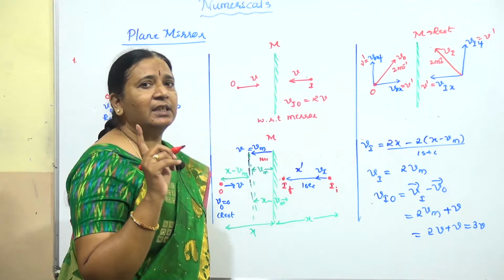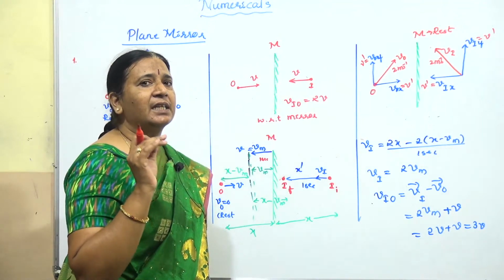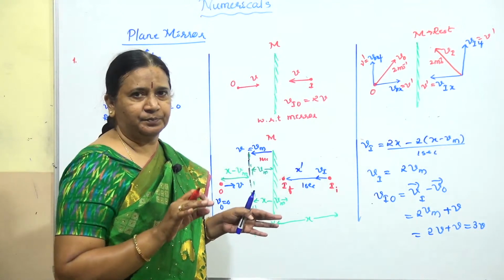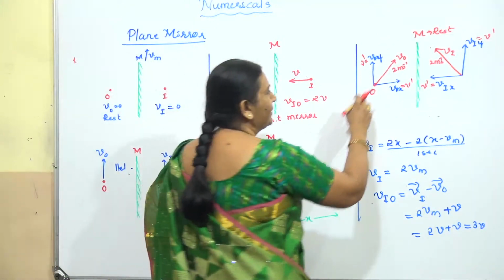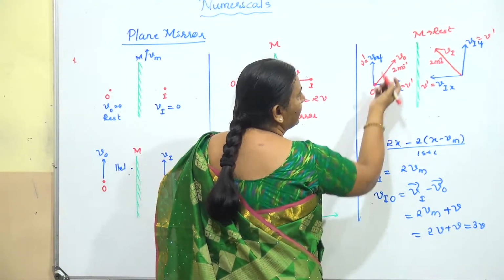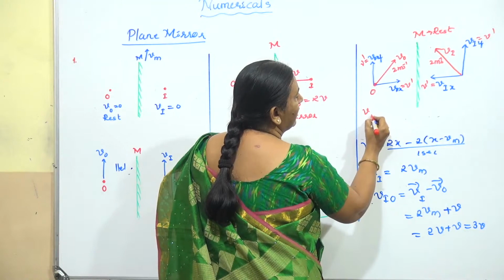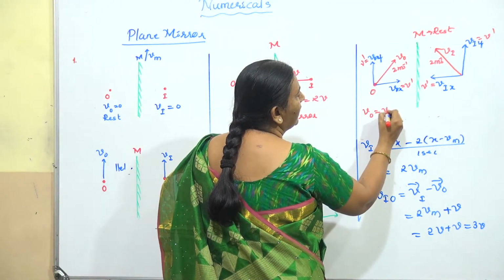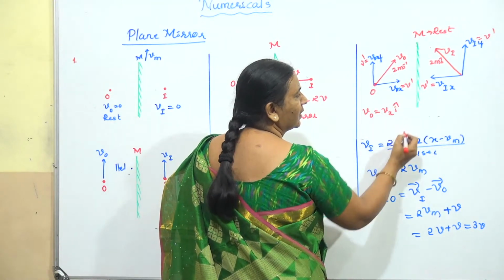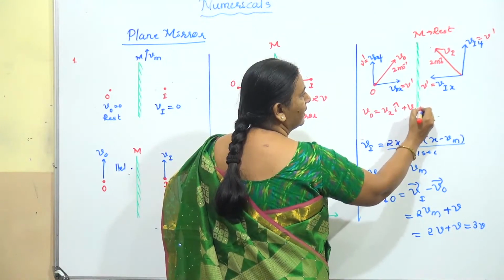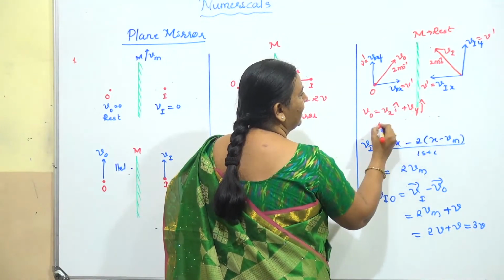But when you write in the resolved form, the components are not the same. Why? Suppose I express the velocity of the object as Vx i cap plus Vy j cap.